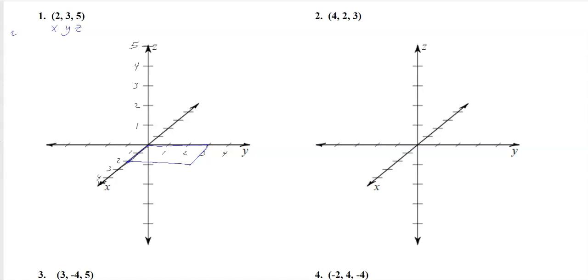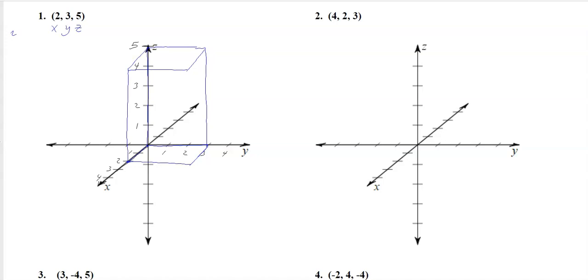So to complete this box, I need to go up from here, and I want to try to keep lines parallel with each other. If I go straight over to here, that'll get me that corner, roughly about right there.